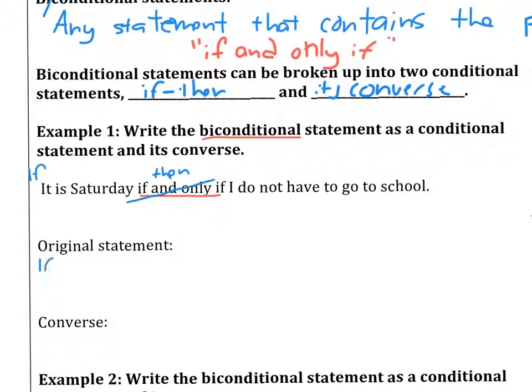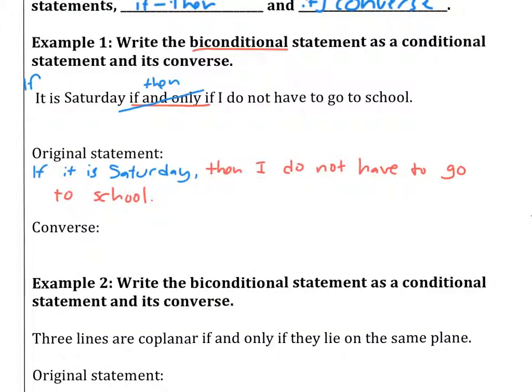And so now we have, if it is Saturday, then I do not have to go to school. Of course, the converse says, let's just flip those two statements, the conclusion with the hypothesis. If I do not have to go to school, then it is Saturday.